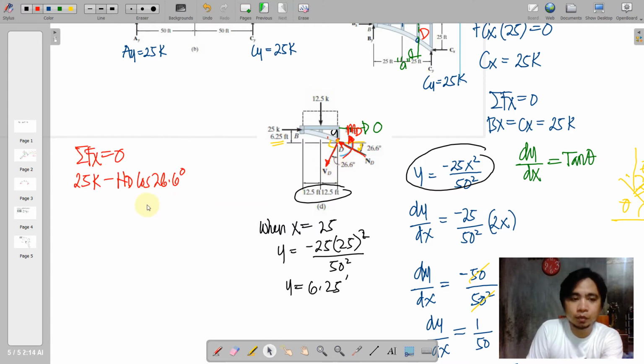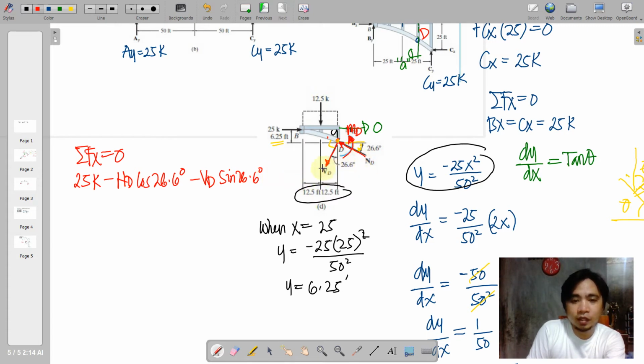I'll just move it a little left here. Your shear at D would also be leftwards, but its horizontal component is opposite your reference angle, so we use the sine function with 26.6 degrees.